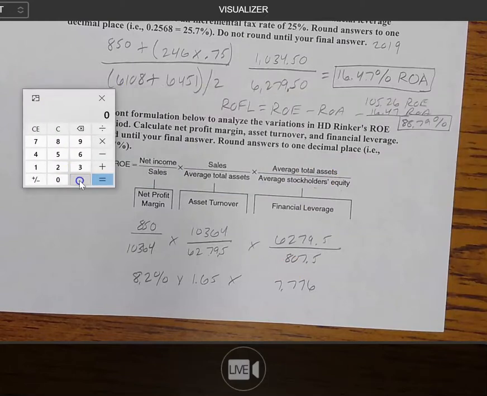Okay, so I'm going to start off with my profit margin. So that's 0.082, times 1.65, times 7.776. And what do you know?